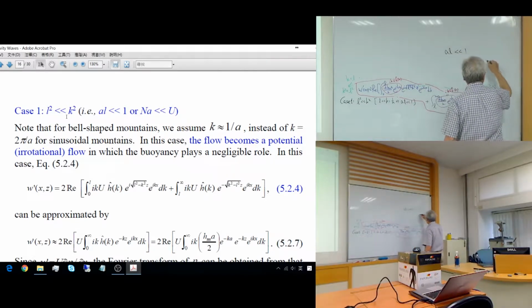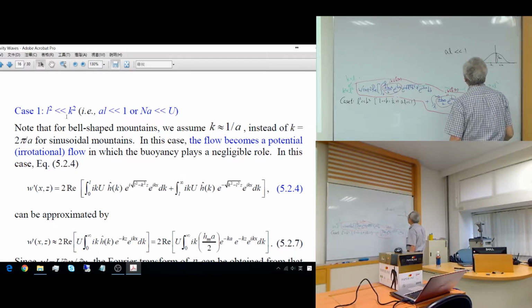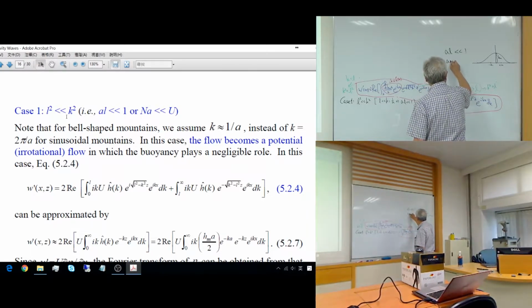Okay, A is the half width of the mountain. Here is H_m, and here is negative A, positive A. L is N over U, and AL is much less than 1.